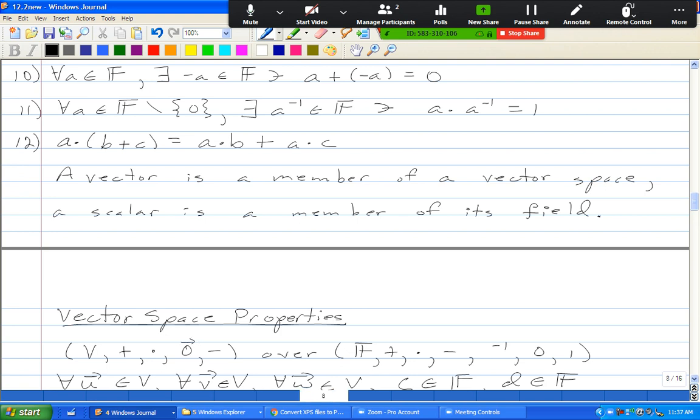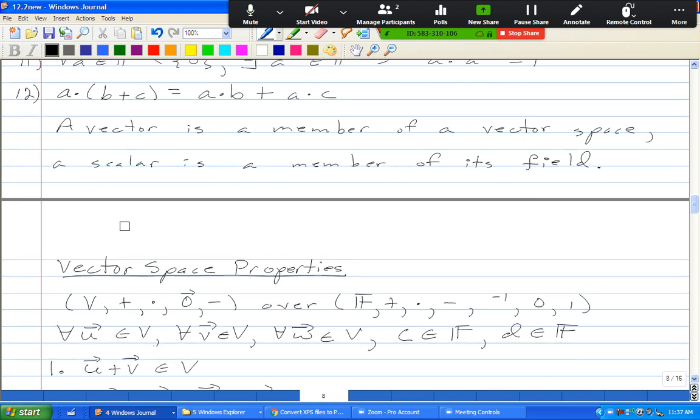And the negation, a unary operation of negation of a vector. And this will be over some field, which we gave you from before. This will be called the scalar field. A member of this field will be called a scalar.